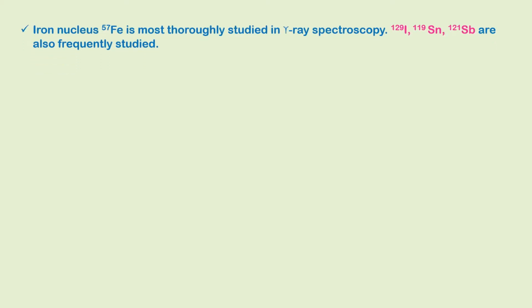Next, the iron nucleus 57Fe is the most used or studied in gamma ray spectroscopy, which is also known as Mossbauer spectroscopy. Other elements such as 129I, 119Sn, and 121Sb are also frequently studied in Mossbauer spectroscopy.